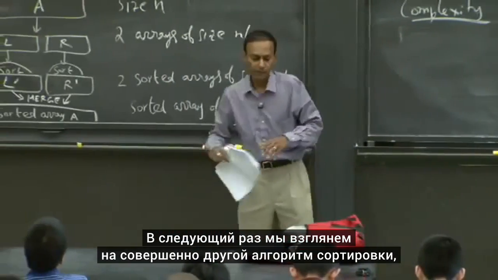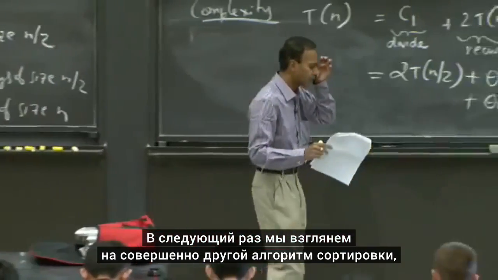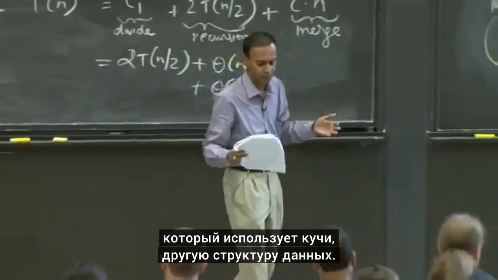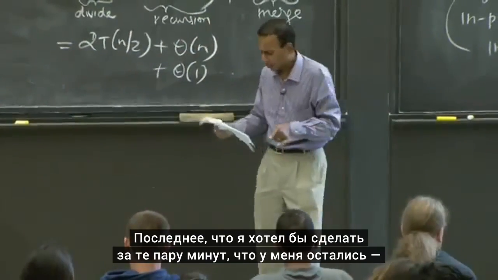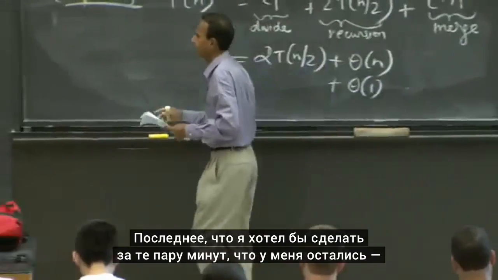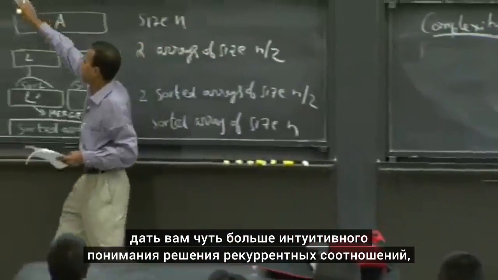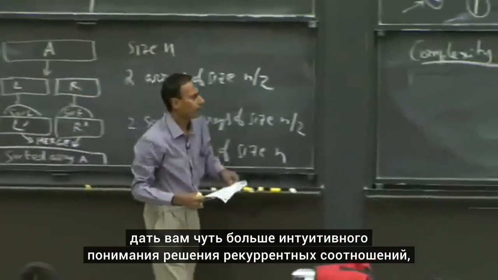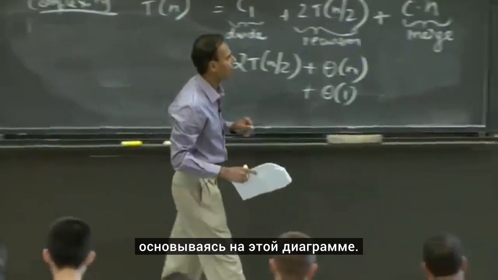We'll look at a very different sorting algorithm next time using heaps, which is a different data structure. The last thing I want to do in the couple of minutes I have left is give you a little more intuition as to recurrence solving based on this diagram that I wrote up there.